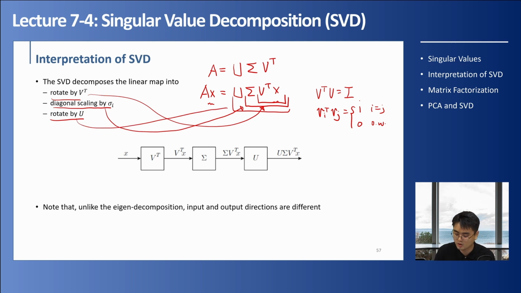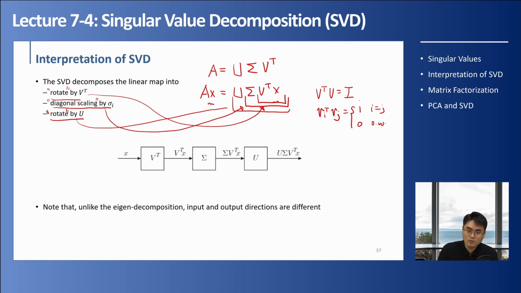And U also is made of unit vectors, and these will not affect the scaling. So these are also only rotation. This is how you can interpret what is happening when we are multiplying a matrix A with one vector. We are transforming some unit ball X to some ellipsoid in some other domain when we're multiplying by a matrix A.